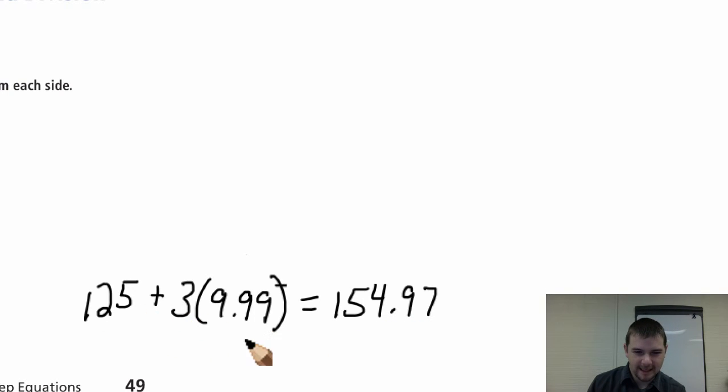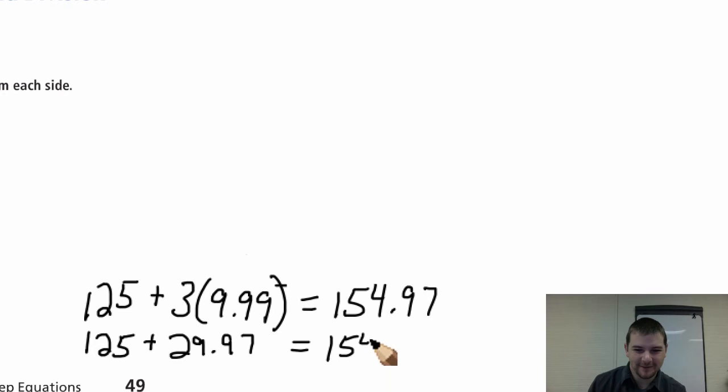So 3 times $9.99 is $29.97. Is it true that 125 plus $29.97 equals 154.97? Well, I've confirmed this earlier. Yes, it does. So not only did we get our answer, we checked our answer, and it seems correct.